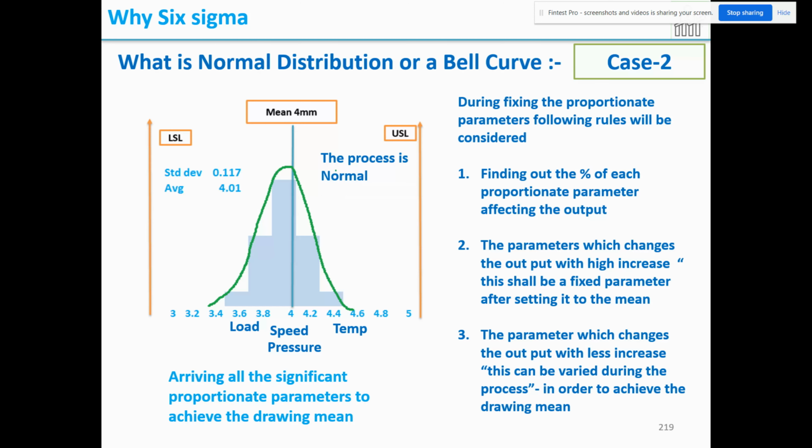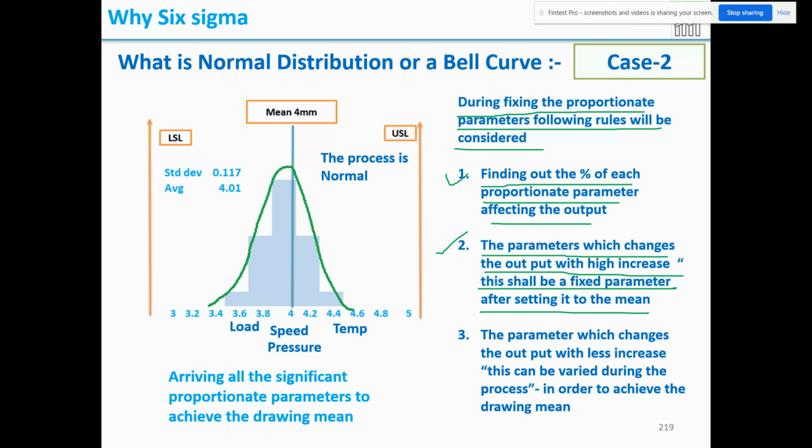Now, during fixing the proportionate parameters, the following rules will be considered. What are the rules? Find out the percentage of each proportion parameter affecting the output. So for each parameter, we need to check how much percentage or proportionality it is affecting the output. After that, the parameter which changes the output with the high increase shall be a fixed parameter after setting it to the mean.